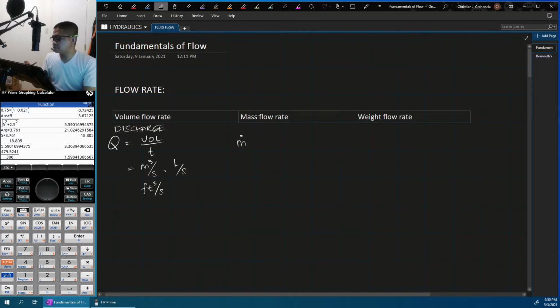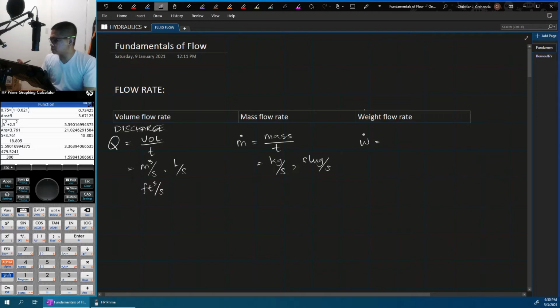So yung mass flow rate, from the word itself, mass, this is the amount of liquid in terms of its mass that passes through a point per unit time. Okay? So, ang unit natin dito normally is in kilogram per second, or pwede rin slugs per second. English units.